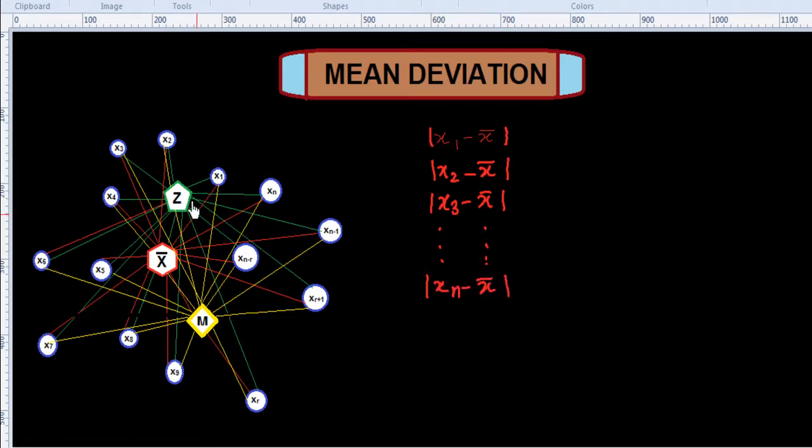So we get all the deviations. There are n terms in this data, so the total number of deviations is also n.